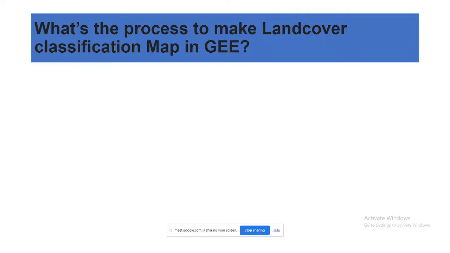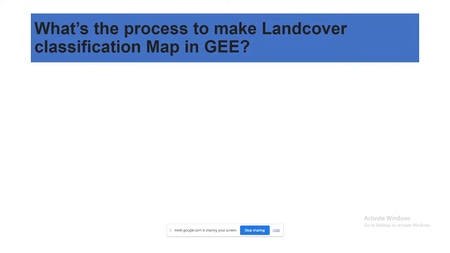Always we follow the same process. Suppose you want to make the land use land cover classification map, the crop classification map, or any other classification map, just follow the same process and you can easily make any type of classification map.